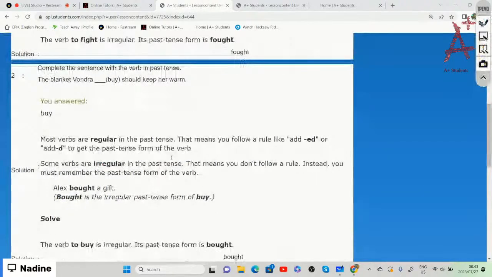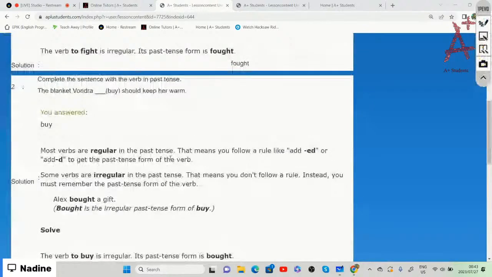The blanket Vondra buy should keep her warm. We need to change the word buy to the past tense. Buy is irregular, so the past tense form of buy is bought.